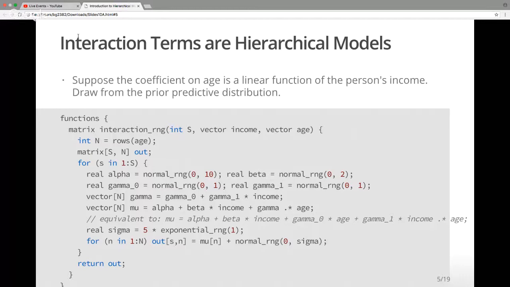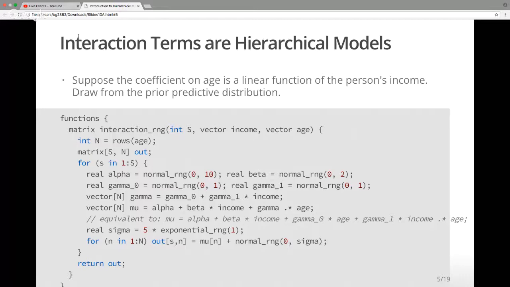So to define a function to do that in the Stan language, we take an integer for the number of simulations S that we want to do, a vector of size n for income, a vector of size n for age. We initialize our matrix to be S by n, and then we loop over the number of simulations that we want to do.